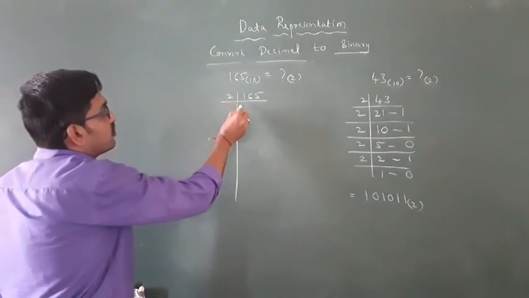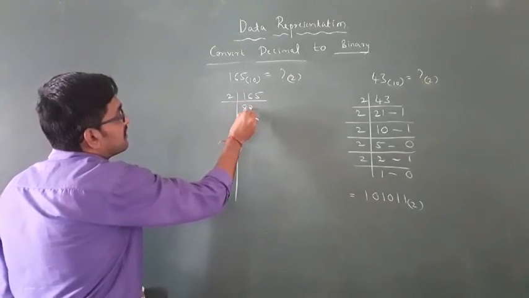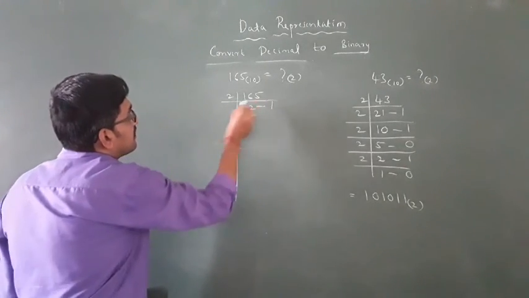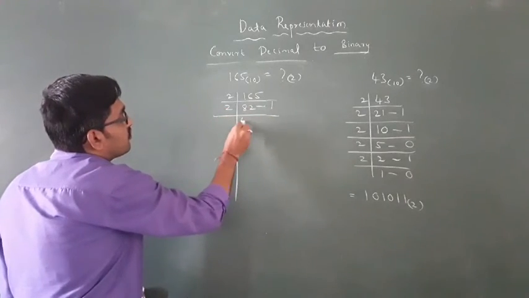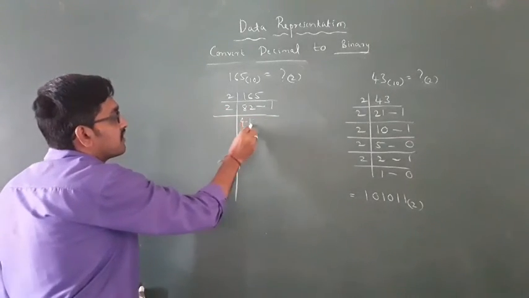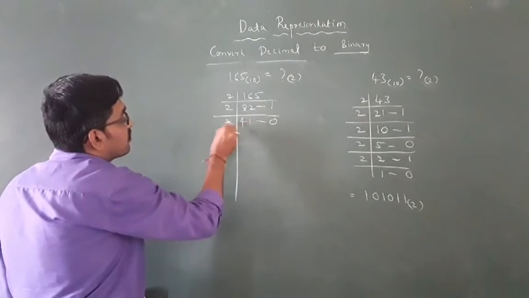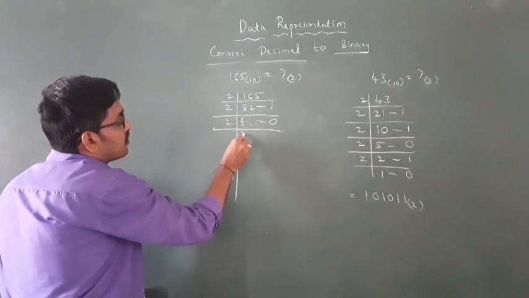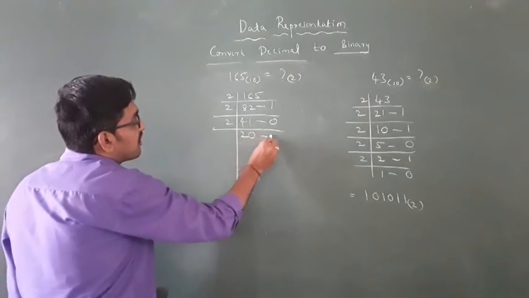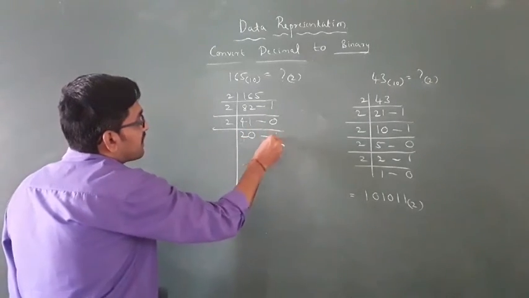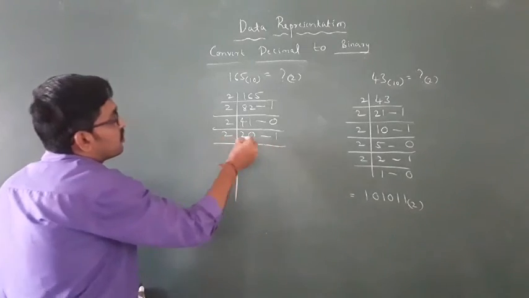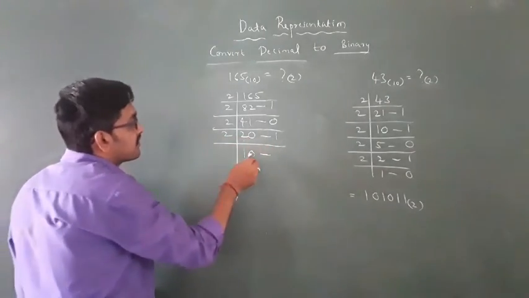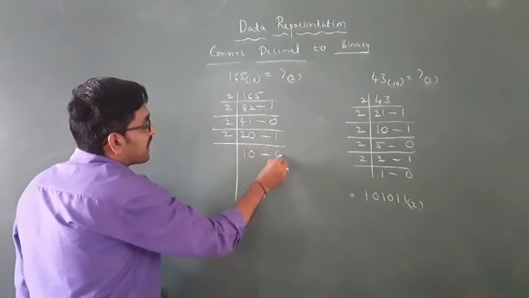See, 2 8s are 16, then 2 ones are 2, 4, carry 1. Then next 2 4s are 8, then 1s are 0. Then 2 20s are how much? 40, carry 1. Then next 2 10s are 20, then carry 0.